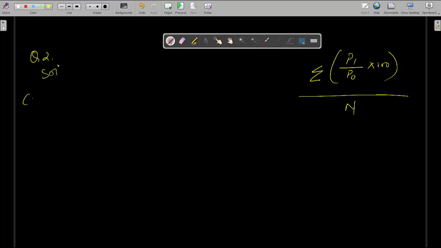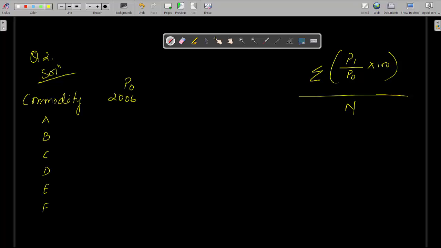So let's write down the commodities again. Solution. Commodity A to F: A, B, C, D, E, and F. Now let's write down the prices. We're going to take 2006 as the base, so just write P0 here.